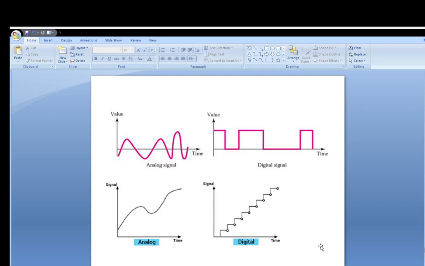So these are continuous as well as analog, and these are continuous as well as digital signals. And if these values are defined only for some specific moments of time, then this type of representation will be called discrete digital signal.